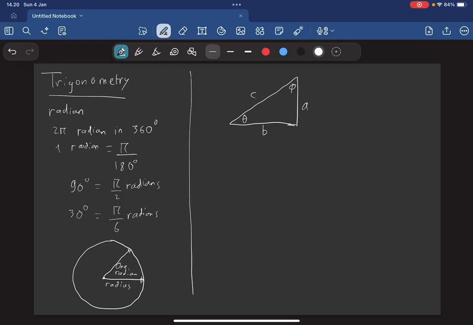This figure illustrates the right triangle and its hypotenuse C, base B, and altitude A. The Greek letter theta is defined to be the angle opposite the altitude, and the Greek letter phi is defined to be the angle opposite the base.